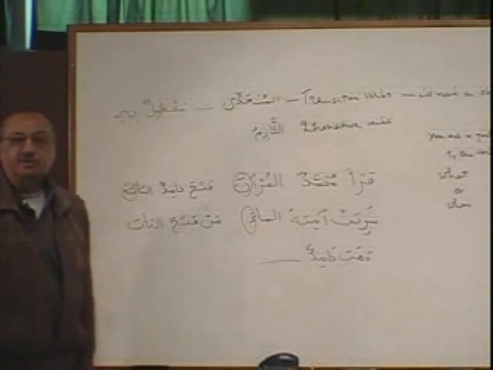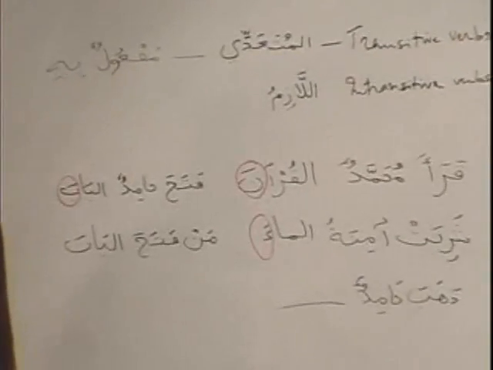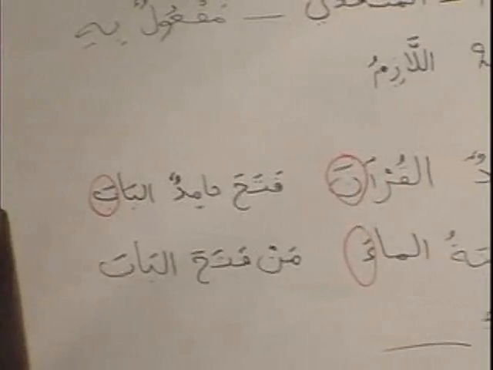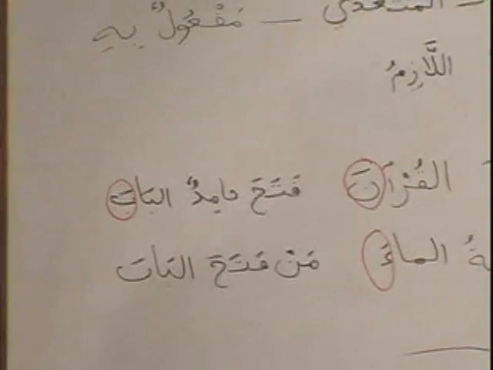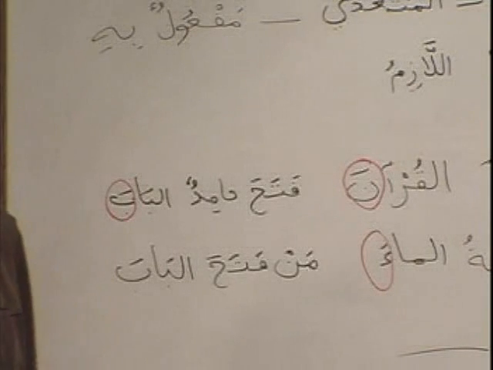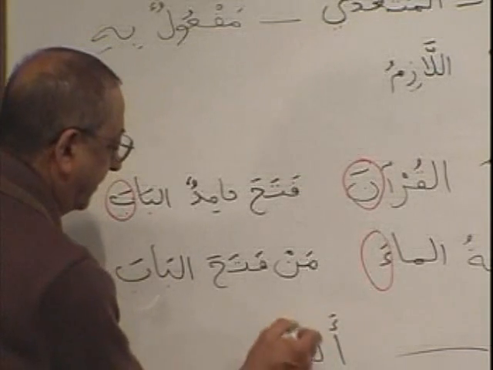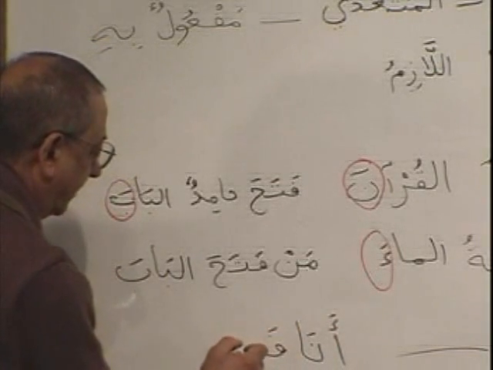Now Hamid answers, Ana fatahtuhu. See, now instead of, he can say Ana fatahtu al-baba, but the more suitable answer will be Ana fatahtuhu.